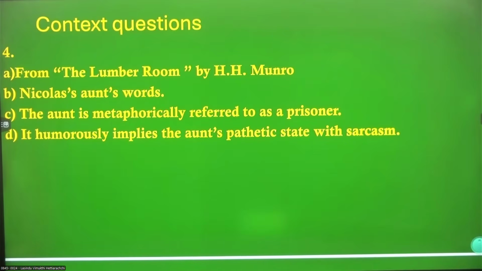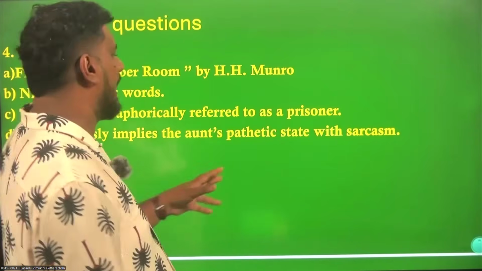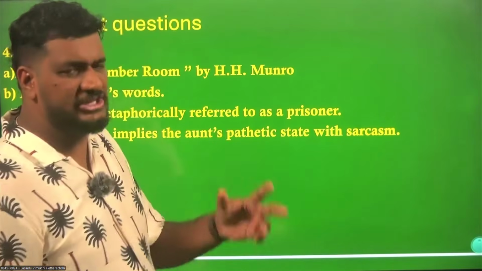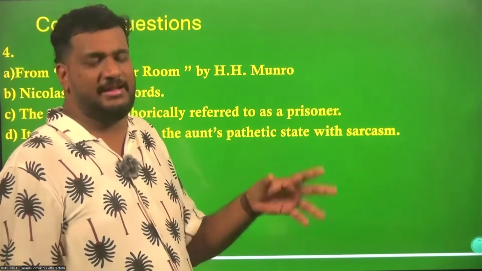It humorously implies the aunt's pathetic state with sarcasm. Yes, a lot of sarcasm and laughter can be seen here, because H.H. Munro is continuously trying to humiliate the behavior of adults. The behavior of adults is clearly mentioned here in a quite sarcastic manner.